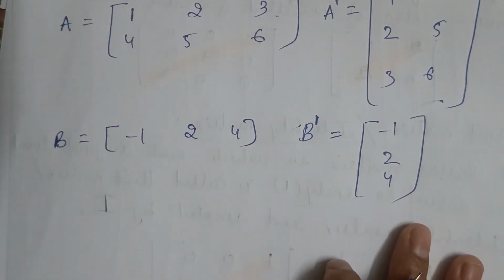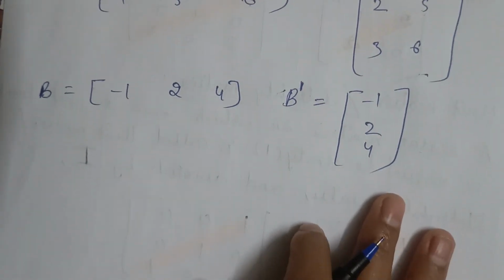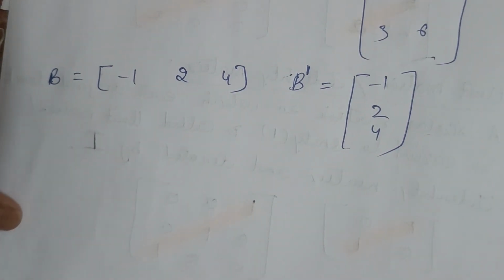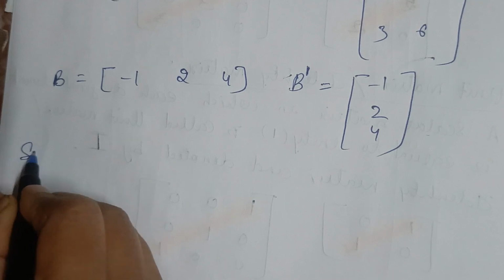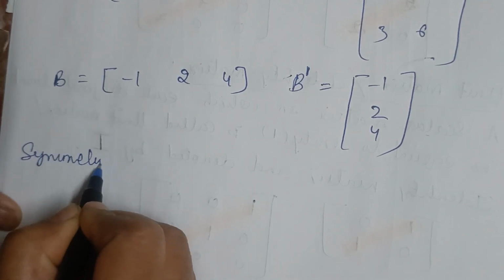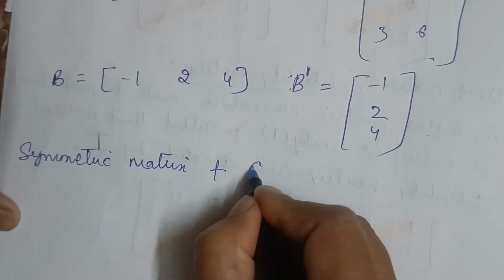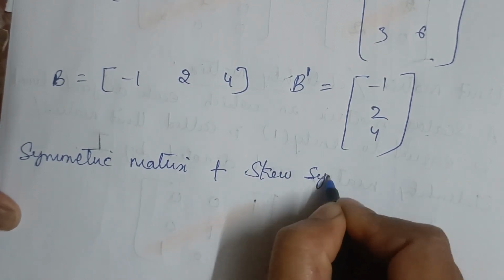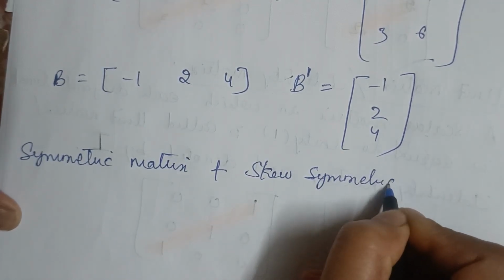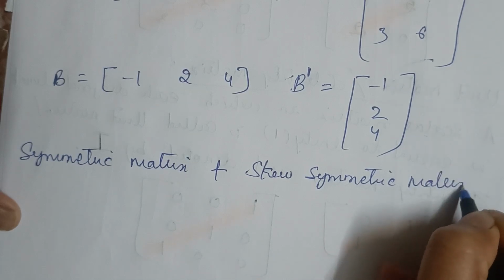Now we will see what is a symmetric matrix and what is a skew-symmetric matrix. So here I'll write it down: symmetric matrix and skew-symmetric matrix.